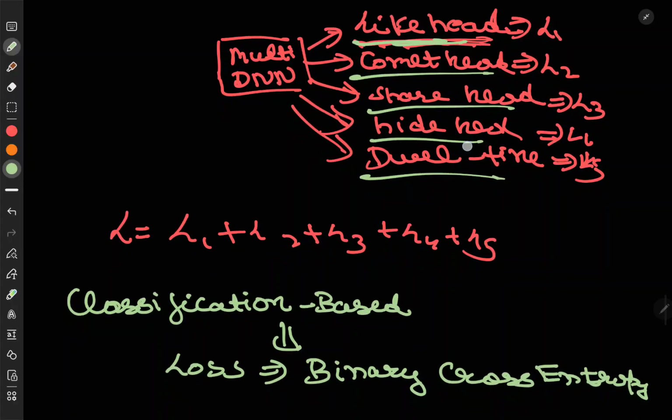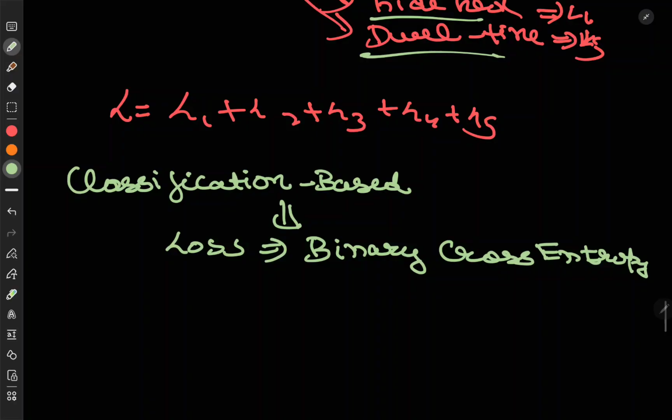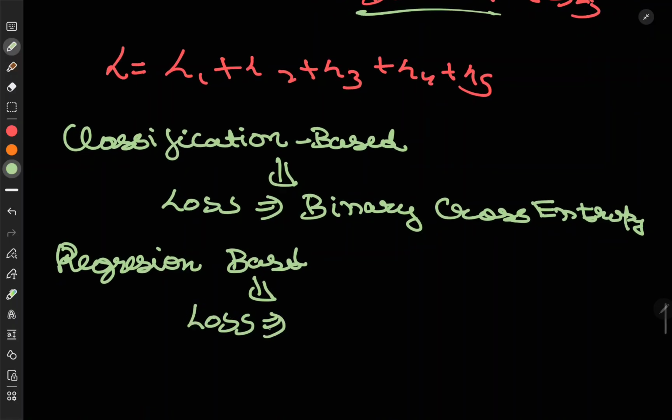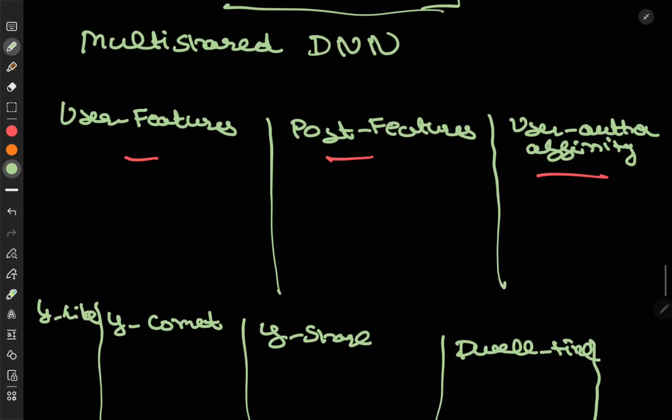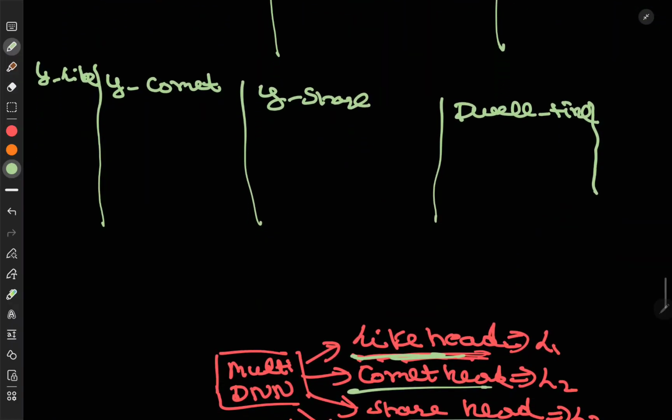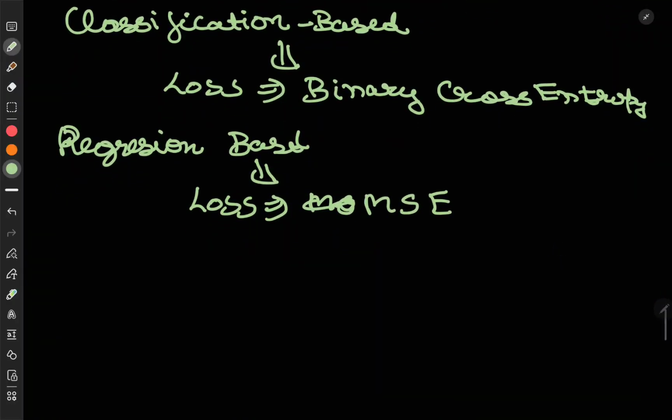Now for dwell time, what we are calculating is the number of seconds the user is going to spend on a post. So it's a regression problem. For a regression task, the loss is mean squared error loss, MSE. Now when you train the whole model, what exactly will be trained?